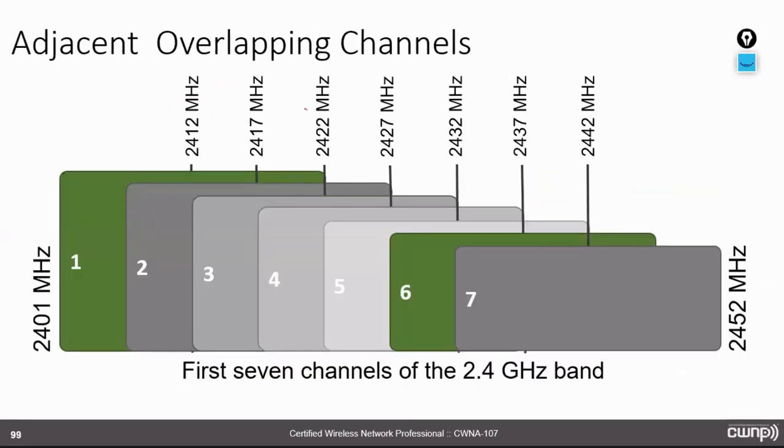What about the overlapping channels we have? The ACI. Actually, we have two types of interference in Wi-Fi, which are known as ACI and CCI. CWNA is going to teach you the difference between ACI and CCI, the adjacent channel interference and co-channel interference. These are basically the interferences we have in our Wi-Fi.